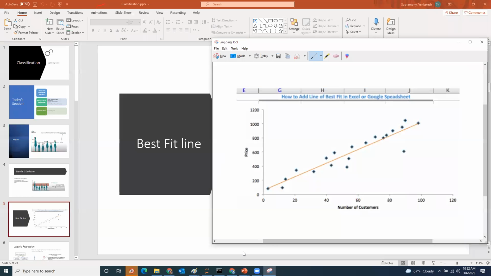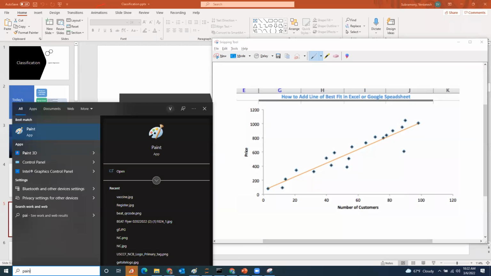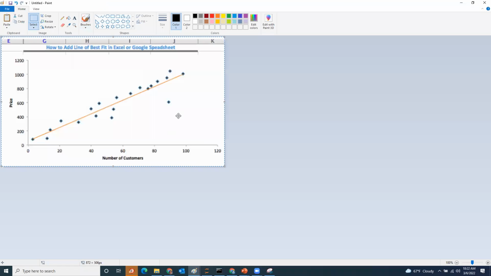So here in this graph, let's say I don't have this line. I could not remove it. So let's say I have a line which is coming like this. I draw it from here to here.